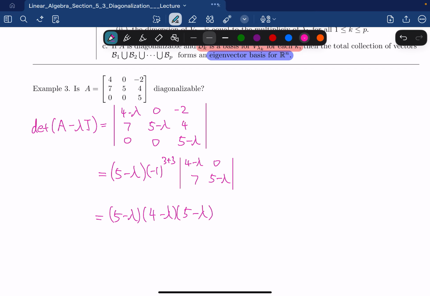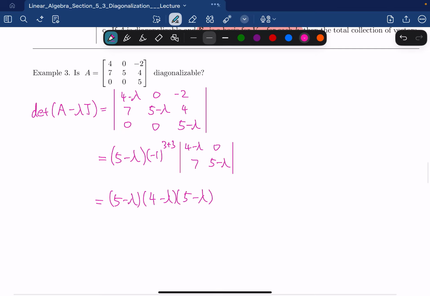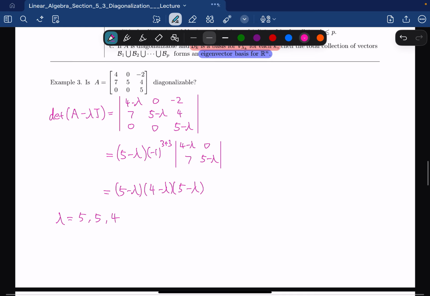Okay. The point here is exactly that we have the same exact characteristic polynomial, and if we set this characteristic polynomial equal to 0, we get that lambda equals 5, 5, 4, again, up to multiplicity. So it's actually the same set of eigenvalues. Okay? But just because it has the same set of eigenvalues does not mean automatically we have diagonalization.